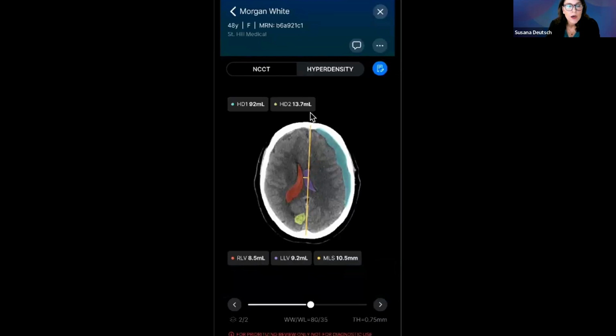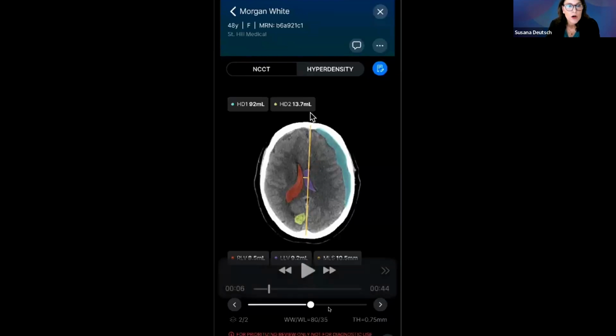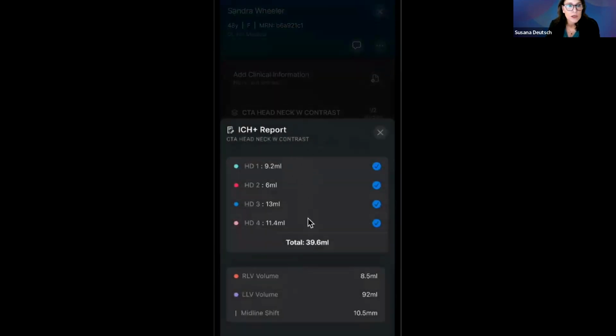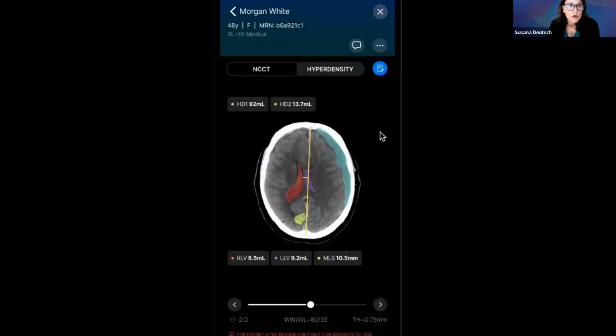It makes it real easy to visualize where the hyperdensities are, and obviously the midline shift and the ventricles. And right there, as I mentioned earlier, you get these numbers automatically, almost immediately after the scan. In this part, I'm just showing the calculator where you can automatically select the hyperdensities of interest, and it automatically calculates the total volume if that's a requirement or a necessary piece of information.